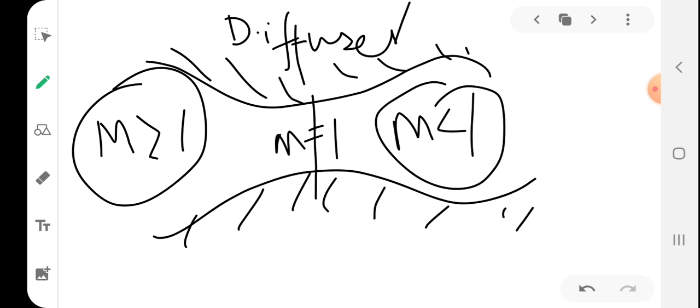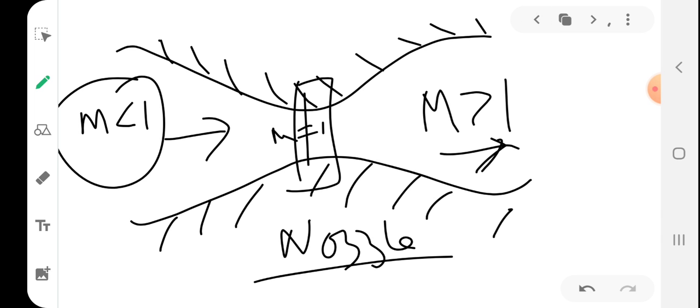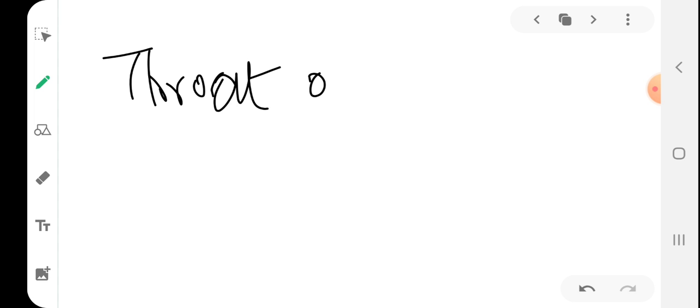In both cases, the minimum area is called the throat. The throat of the passage, whether it is a nozzle or diffuser, is where the area will be minimum.